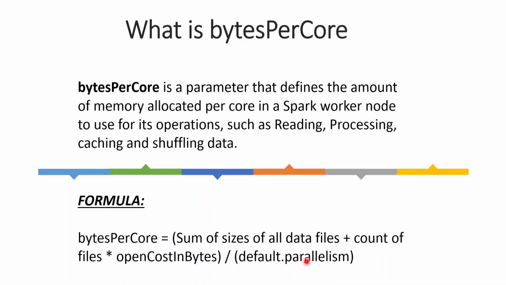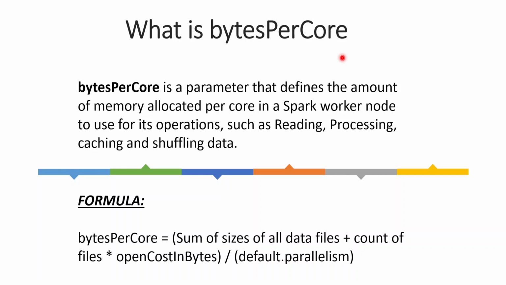In order to understand how the number of partitions is decided within a Spark environment, we need to understand two different formulas. One is bytes per core, and the second one is max split bytes. I will explain that. The first one is bytes per core. What is bytes per core?